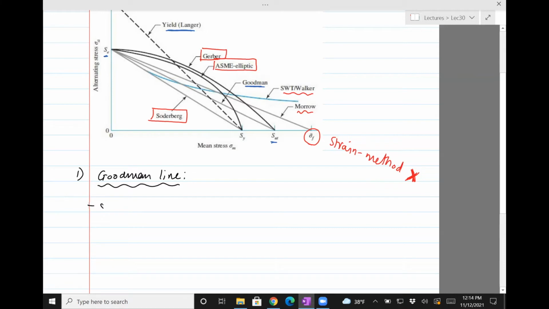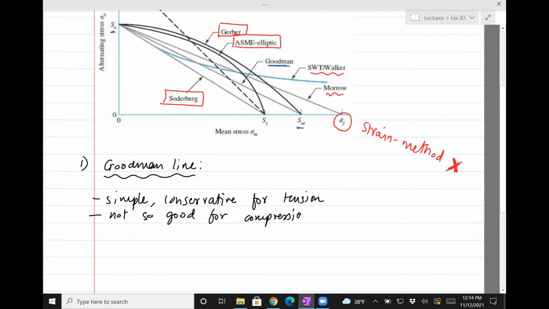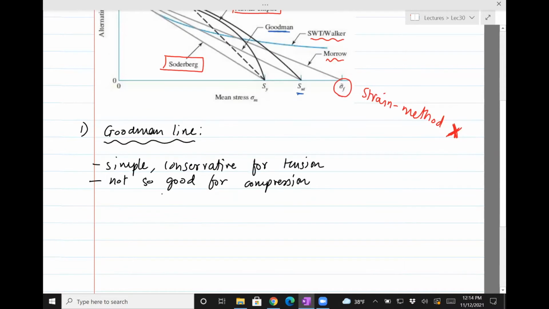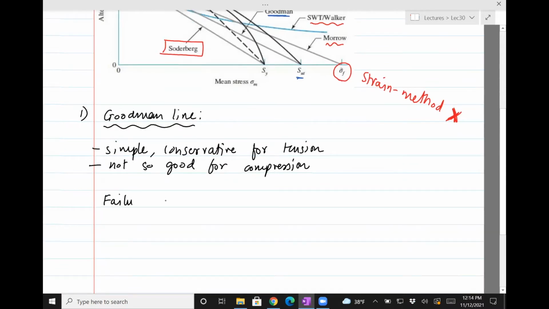We said it's a simple and conservative line for tension, and it's not so good for compression.